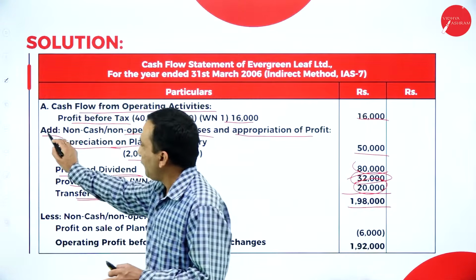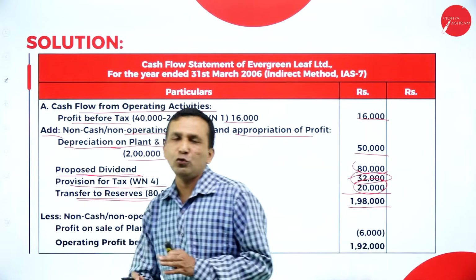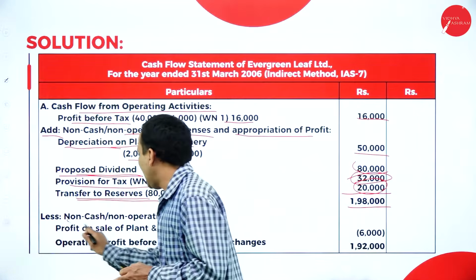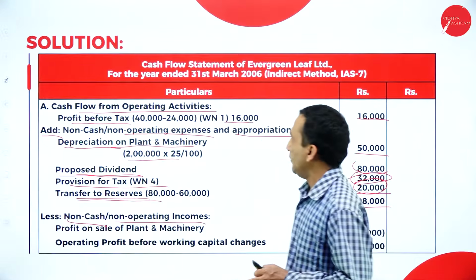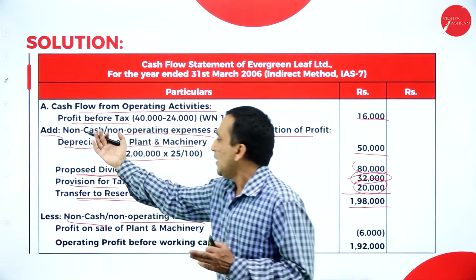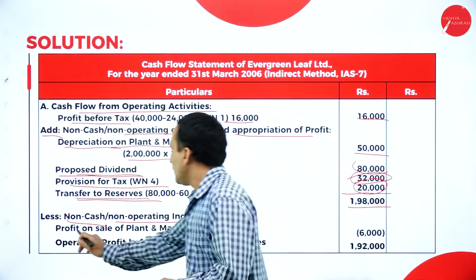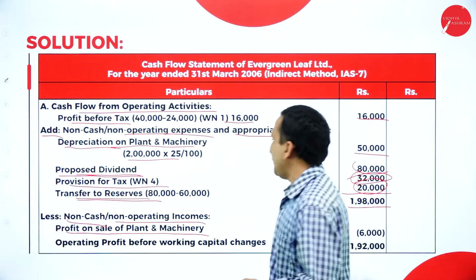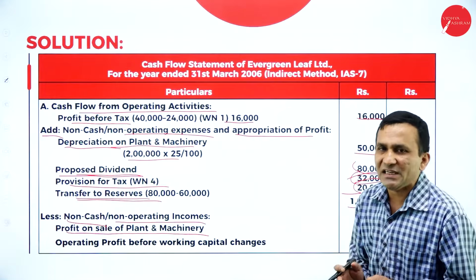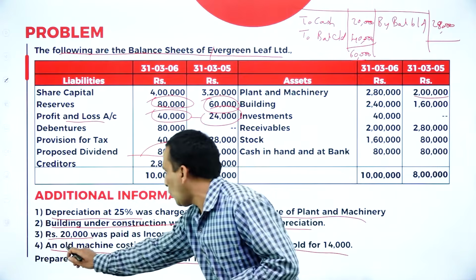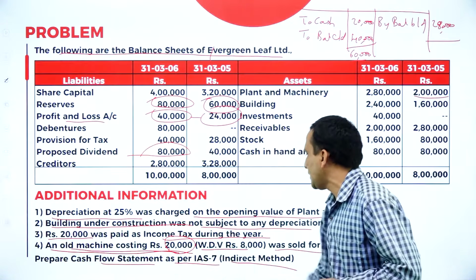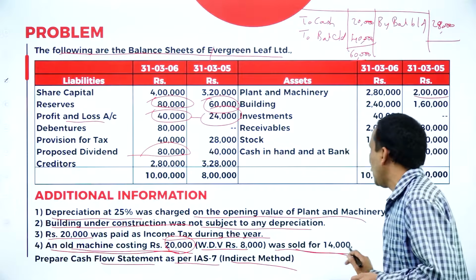Now here we did the add. Now immediately we need to do the less: non-cash or non-operating income. Expense means add, income means less. You must remember. Again, the profit on sale of plant and machinery, there is one adjustment given in the question. The old machinery cost 20,000 but was sold for 14,000.